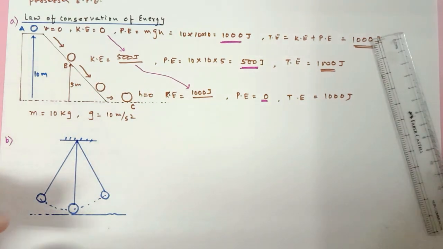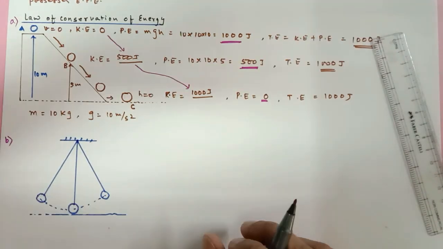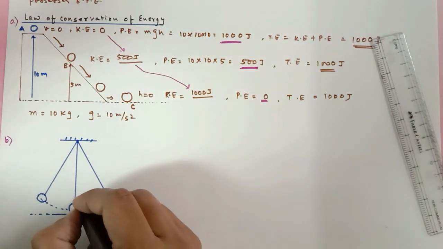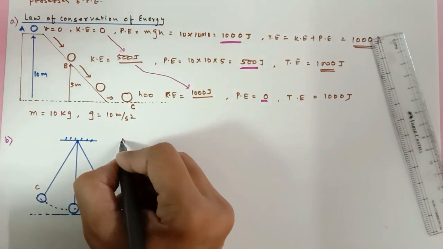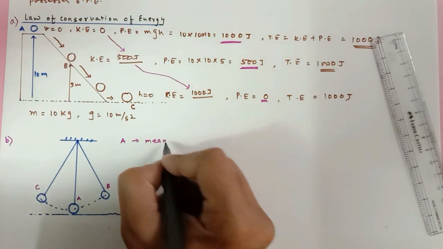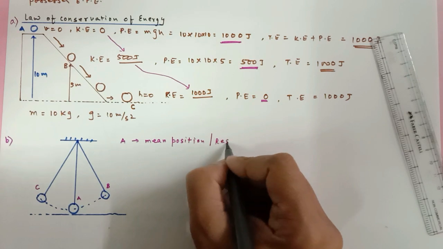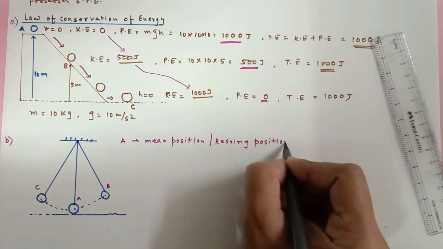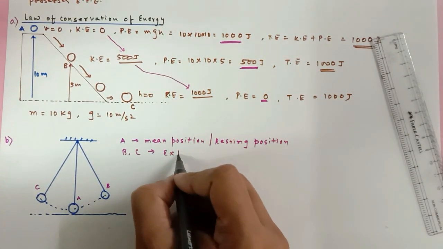Okay, so here we have a simple pendulum, and if I give a gentle push to this pendulum, the pendulum starts oscillating. This is position A, B, C. A is called the mean position, resting position, whereas B and C are called extreme positions.